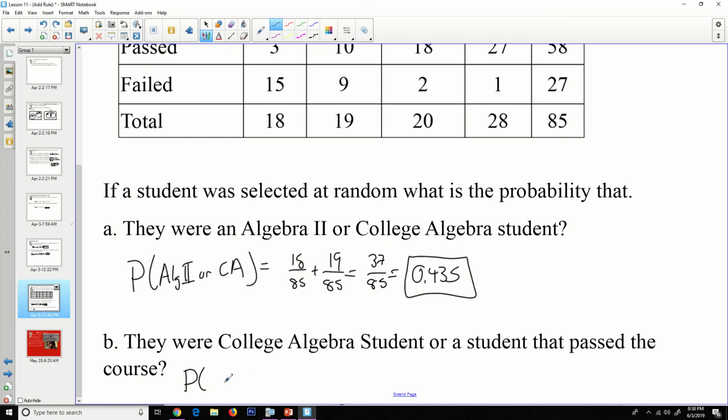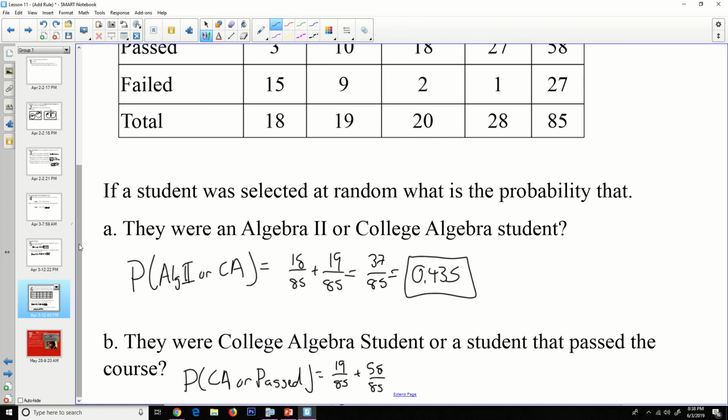So the probability of college algebra or passed would be, again, college algebra, there were 19 out of 85, and then passed, there were 58 students out of 85 that passed.